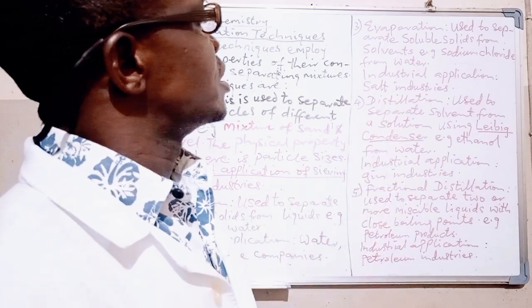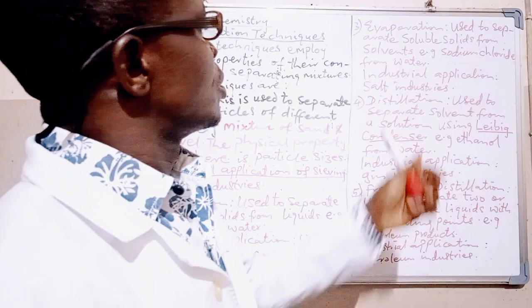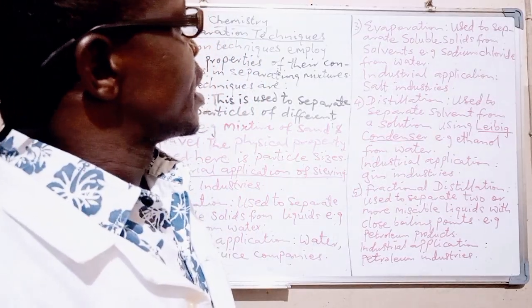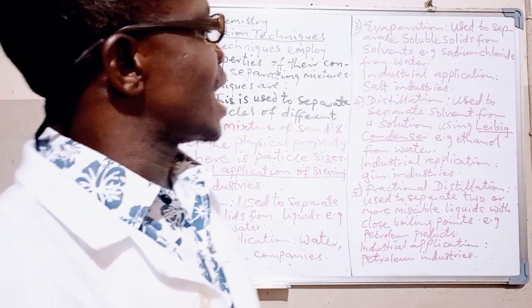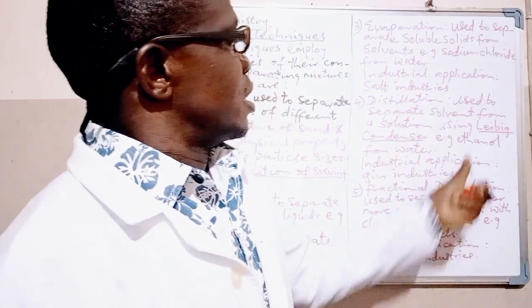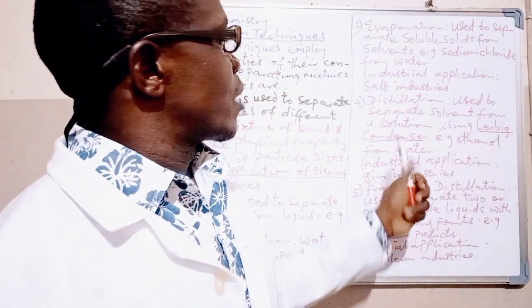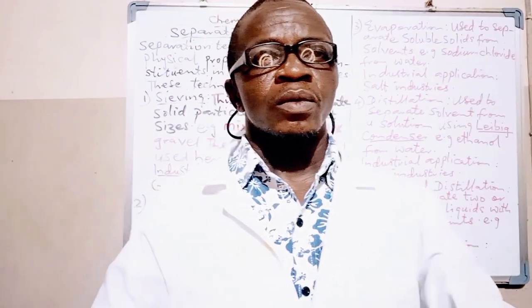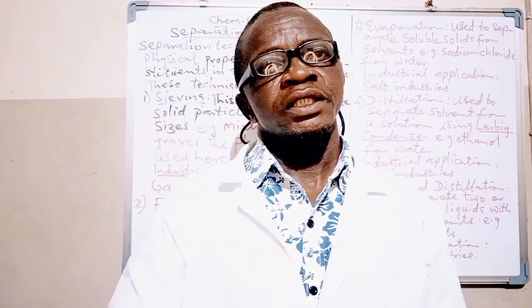Next is distillation. Distillation is used to separate a solvent from a solution using a Liebig condenser. Take note of Liebig condenser. Example, ethanol and water. When they are mixed together, you heat it.